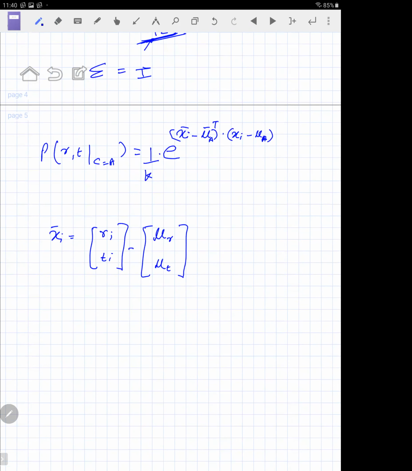So I can write this as an element by element subtraction: Ri minus mu R and Ti minus mu T. And when I take this multiplication, it becomes what is called a vector inner product.